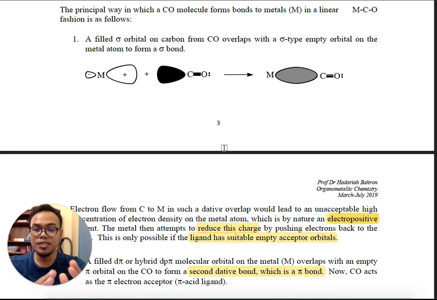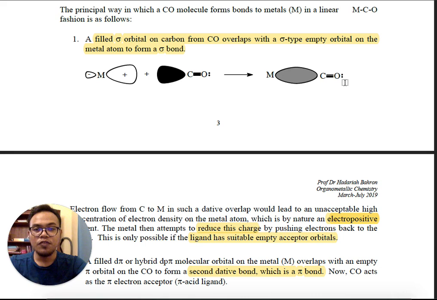There are two steps that need to be taken in order to produce carbonyl complexes. The first one: the filled sigma orbital on carbon from carbon monoxide will overlap with the sigma orbital of your metal.